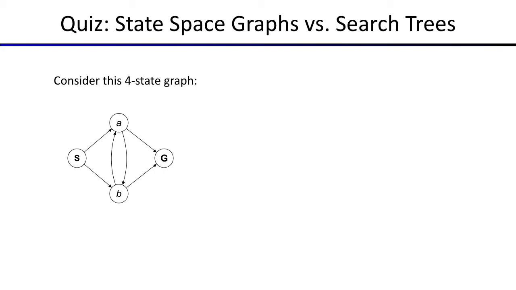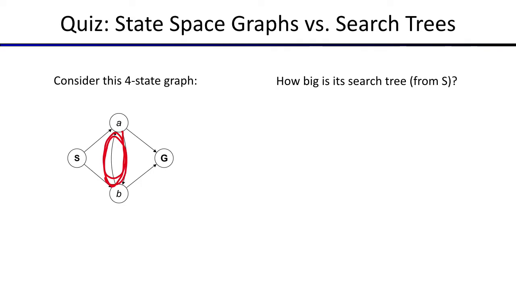So, for this state graph, quick quiz. You can just shout it out. How big is the search tree for this graph? Was that infinite? Yeah. And if you don't catch that right away, what's happening is we have a cycle here, right?